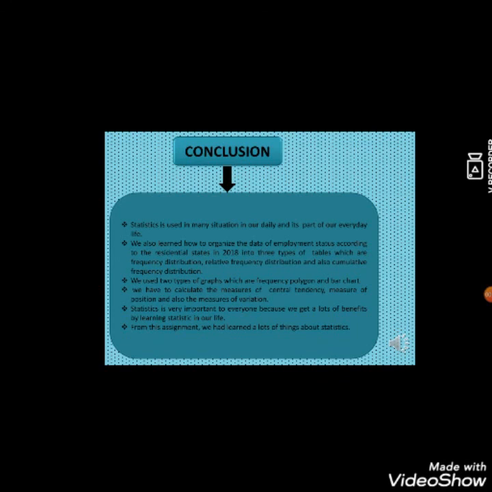In addition, we had to calculate the measures of central tendency, measures of position, and also the measures of variation. Statistics is very important to everyone because we get a lot of benefits by learning statistics in our life. From this assignment, we learned a lot of things about statistics.